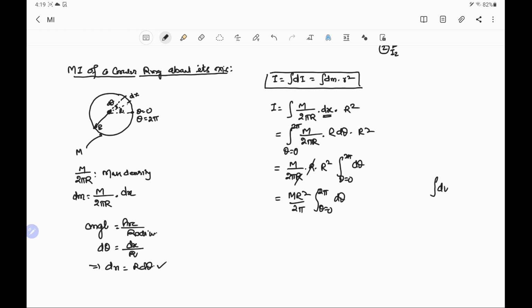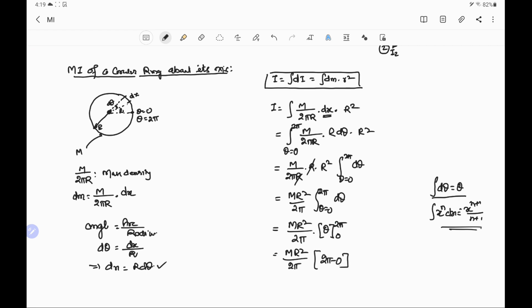We know integral of d theta equals theta, using the formula integral of x raised to the power n dx equal to x raised to power n plus 1 by n plus 1. So it will come mr square by 2 pi into theta with lower limit 0, upper limit 2 pi. And we put the limits, we will get 2 pi minus 0, which means 2 pi, and this 2 pi will be cancelled by this 2 pi. Finally, we get mr square.